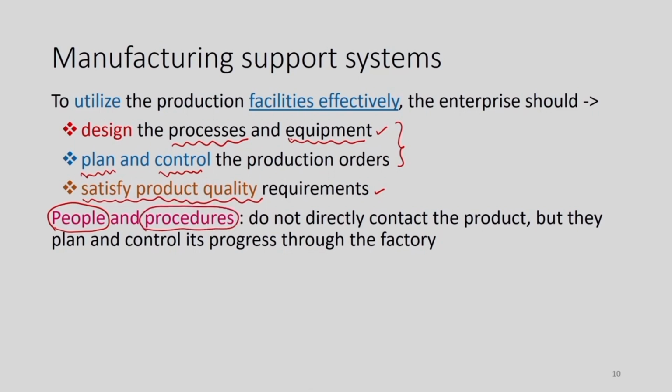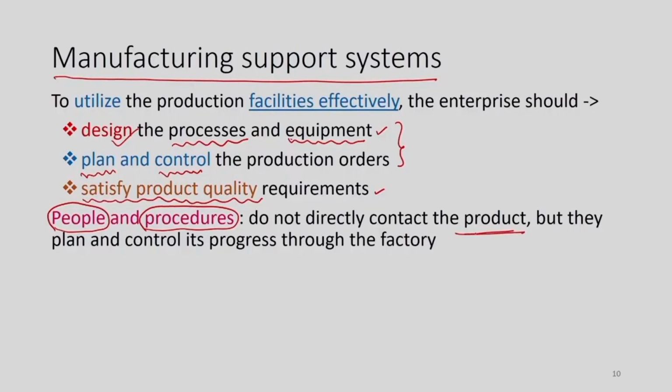The collective term of people and procedures is the manufacturing support system. These people and procedures carry out the operations of designing the process and equipment, planning and control, and ensuring whether the facility which is created is capable of satisfying the product quality requirements or not.